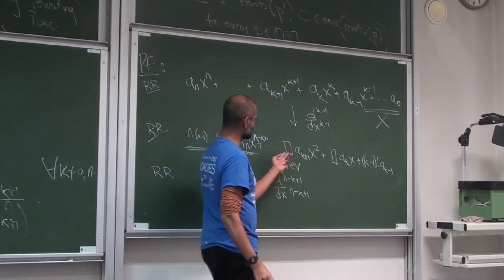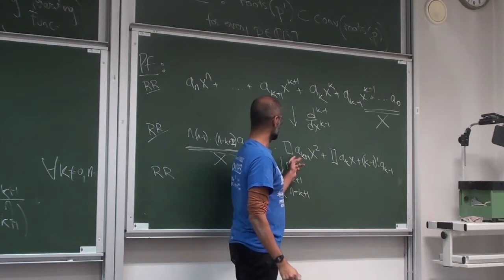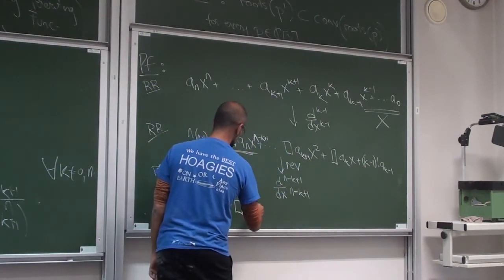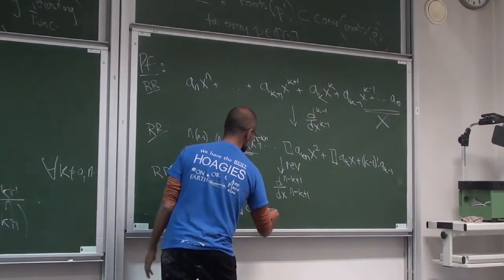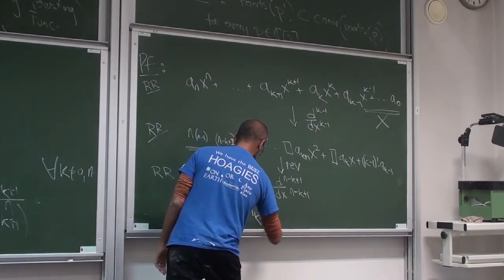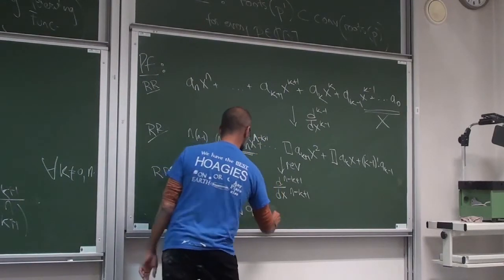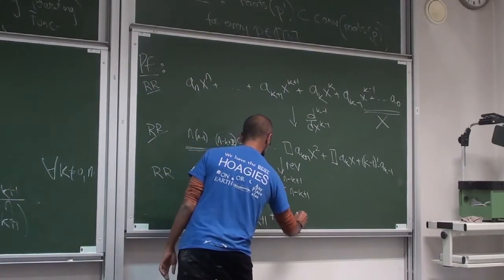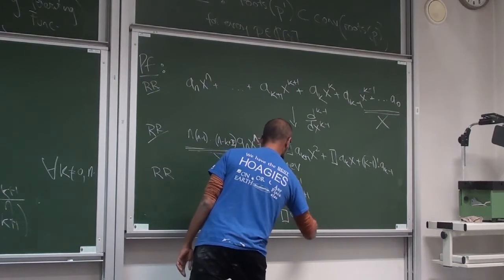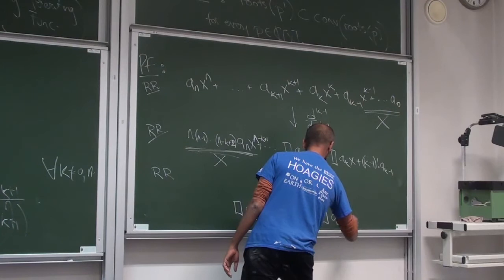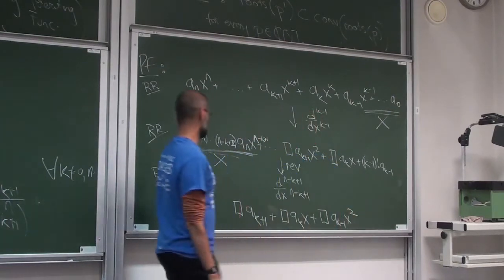I only get 3 terms, right? The only terms that survive are these 3. And you get a quadratic polynomial: a_{k+1} x squared, because I reversed, plus some binomial coefficient times a_k x, plus some binomial coefficient times a_{k-1}.